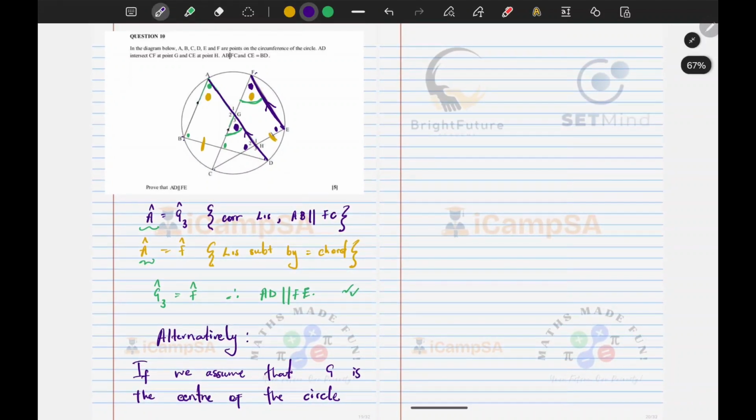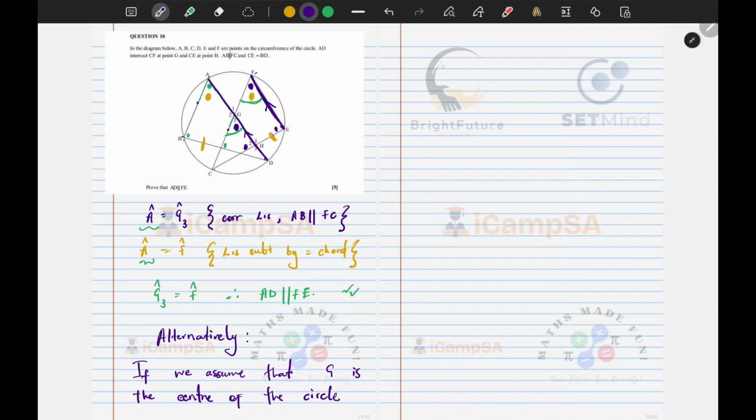If G is the center of the circle, that means angle E is going to be equal to 90 degrees. Why? Because it is an angle on a semicircle.